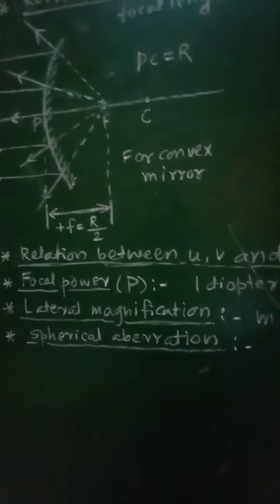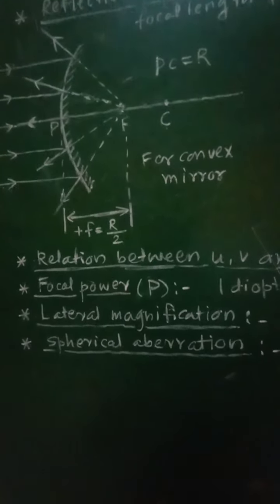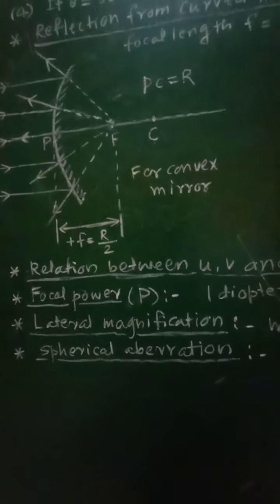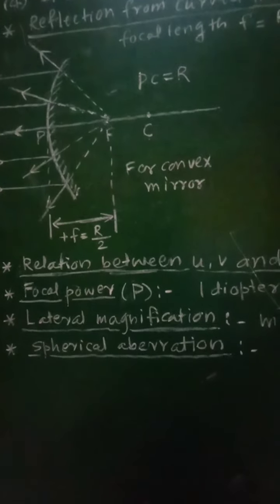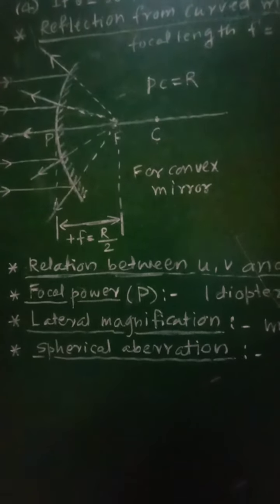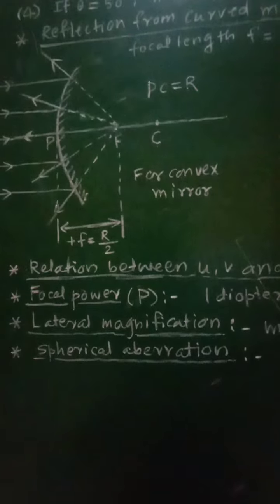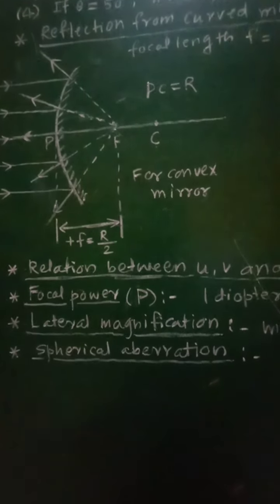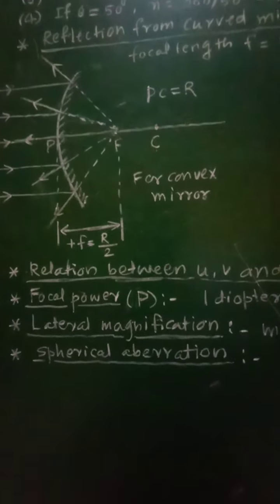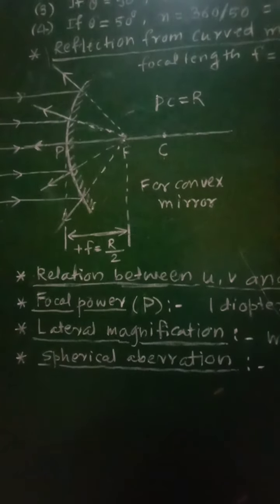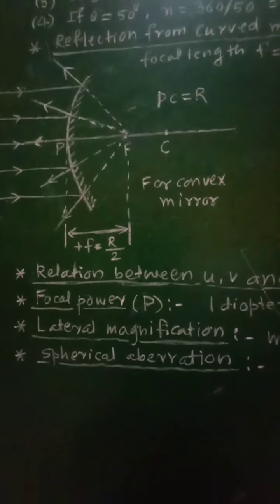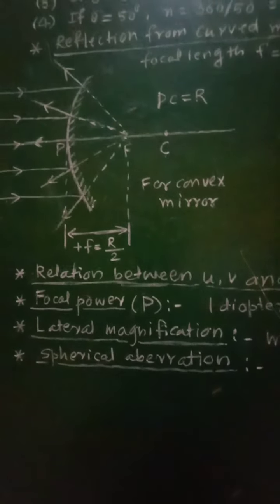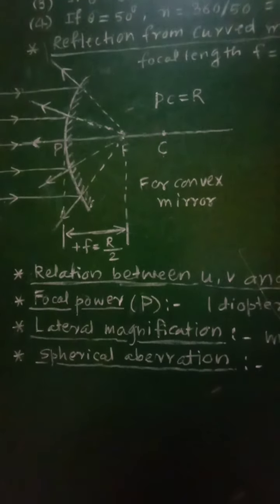The ratio of the linear size of the image to the linear size of the object, measured perpendicular to the principal axis, is called lateral magnification, denoted by small m.